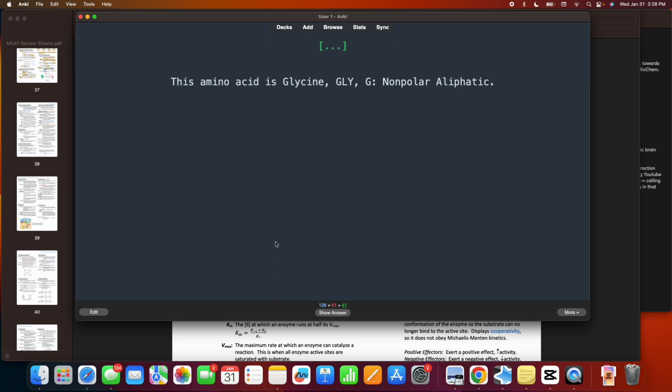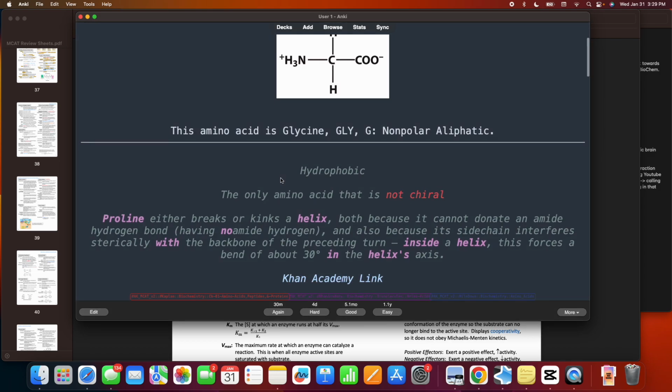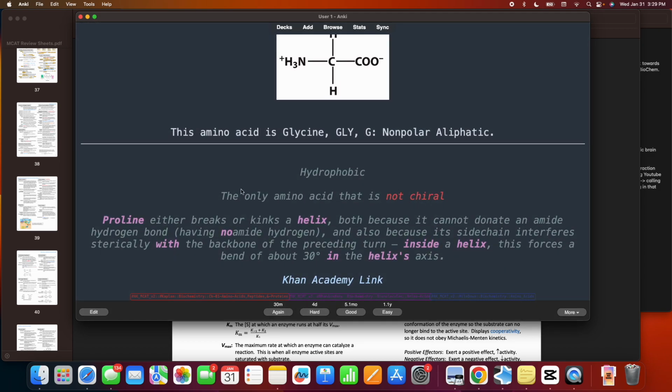Interestingly, this amino acid is glycine, so it has only one hydrogen and it's aliphatic, non-cyclical, and non-polar. I'm good with 5 months. It's the only amino acid that is not chiral.